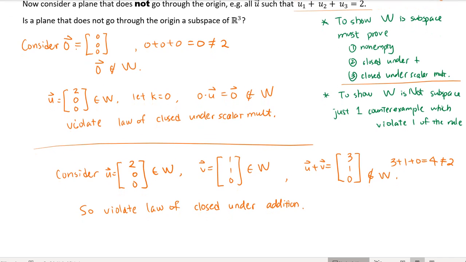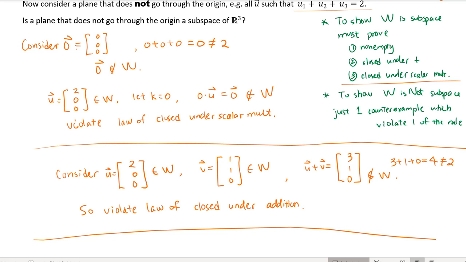Okay, so to show that W is not a subspace, you can just do either this one or this one. You don't have to do both. You just need to find one counterexample to show it violates one of the laws.